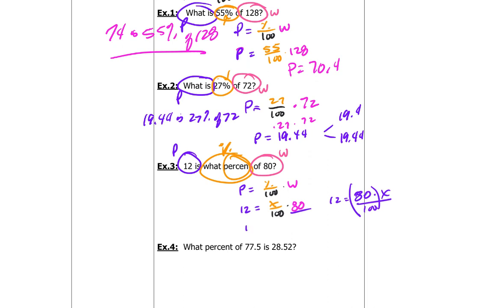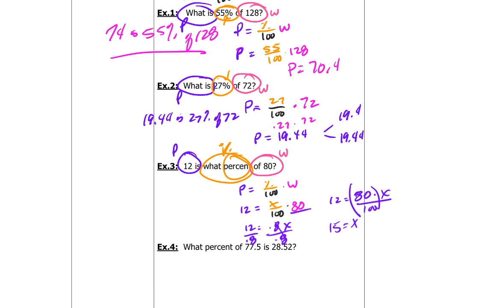So we could say that 12 equals 0.8x, right? 0.8, because that's what 80 over 100 is. Then we divide both sides by 0.8. That means we get 1x and whatever 12 divided by 0.8 is. So that means that x equals 15.